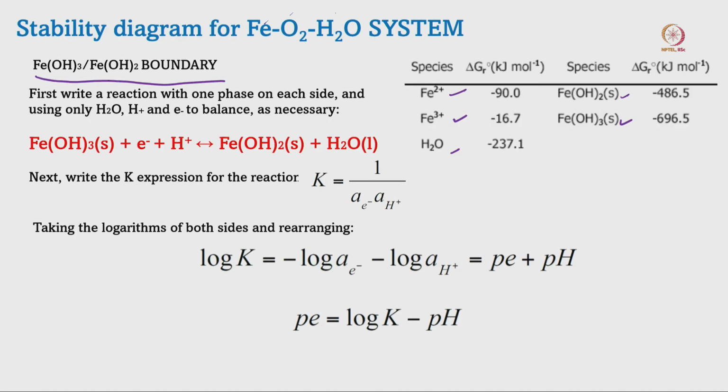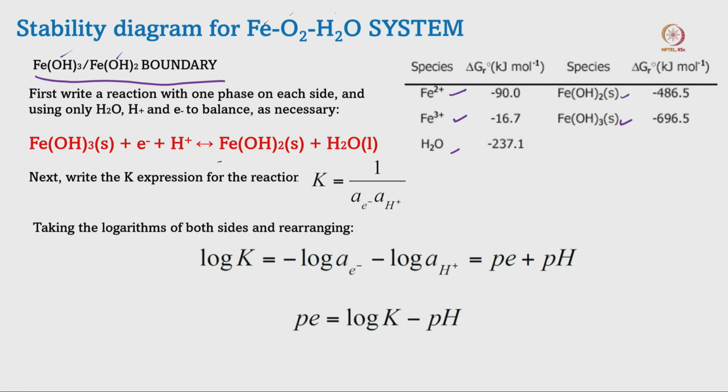Okay. So, first thing that we always do is first we have to write the equation using those two terms wherever the boundary is, with those two terms. So, my FeOH3, ferric hydroxide accepts an electron and a hydrogen to form ferrous hydroxide plus water.